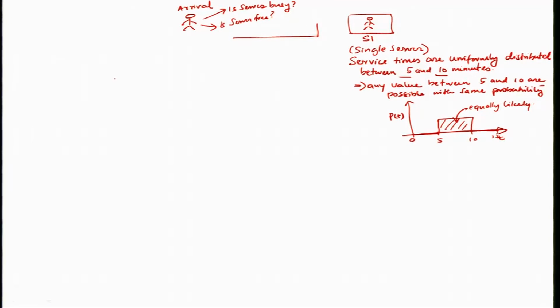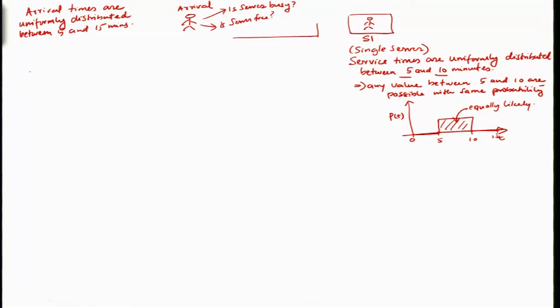So, let's say that the arrival times are uniformly distributed. We will take uniformly distributed for the time being to make life easy, and then we will see complicated models later. Arrival times are uniformly distributed between 5 and 15 minutes.